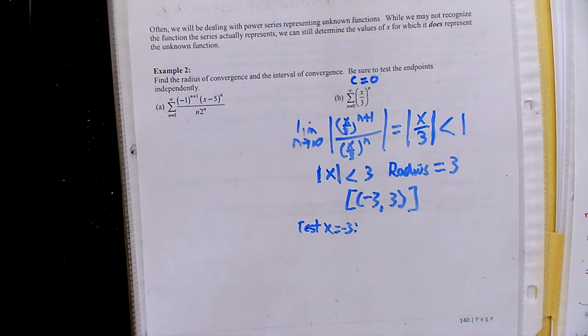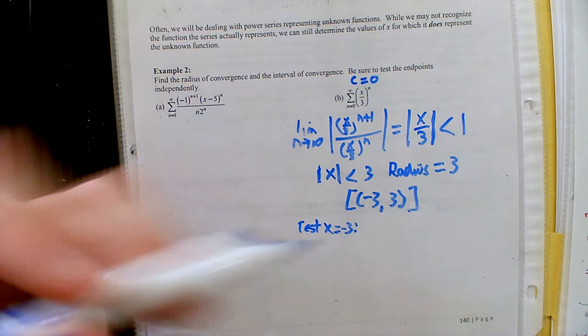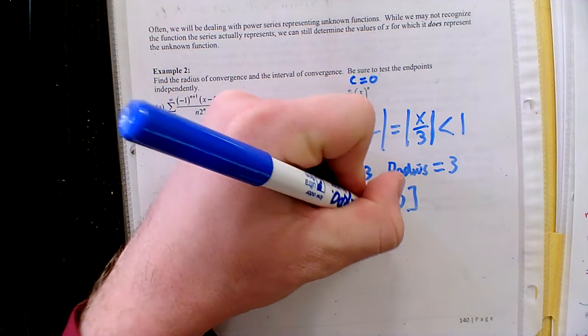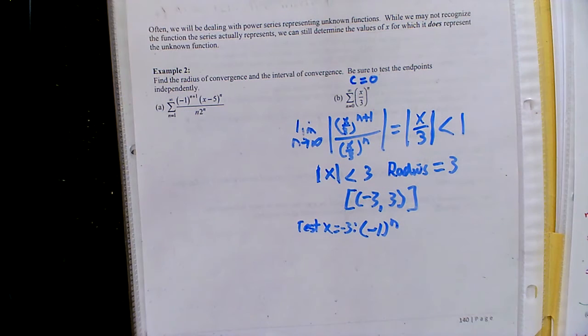All right, so we're going to test -3 first. If you plug that into the original and simplify a little bit, that would be -1 to the n. So does that diverge or converge? -1 to the n. You could think of it as alternating.